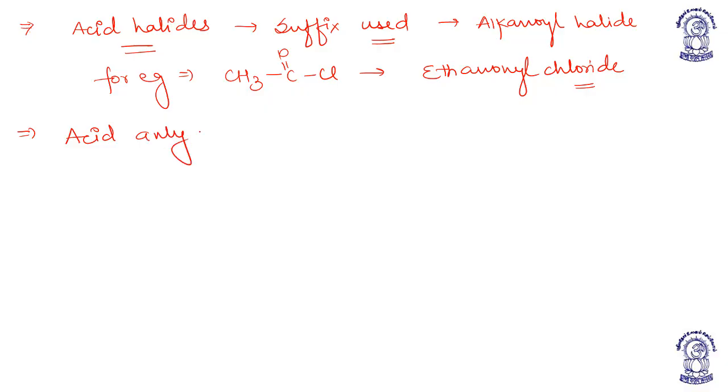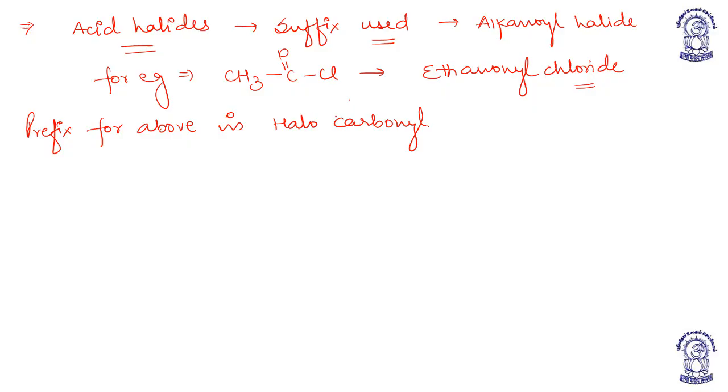Acid anhydride. The prefix of acid halide is halocarbonyl. Prefix I will write here. Halocarbonyl. Okay.